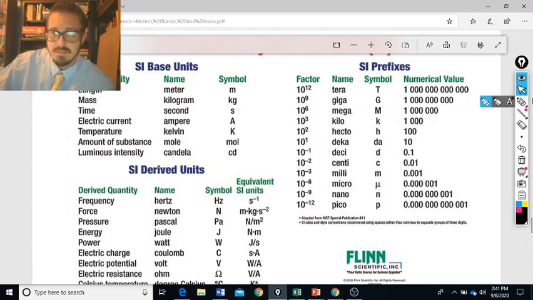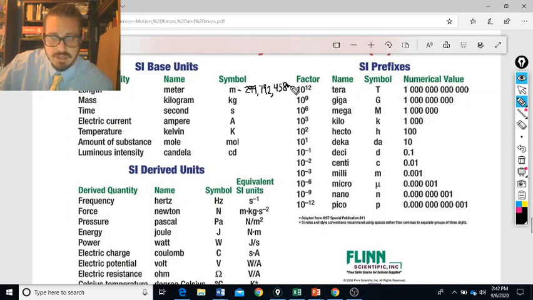Let me take a moment to talk about that. So the meter right now is defined as the distance that light can travel in 1/299,792,458 of a second. Because the speed of light is that many meters per second, right? So that's the value right there, 299,792,458 meters per second.